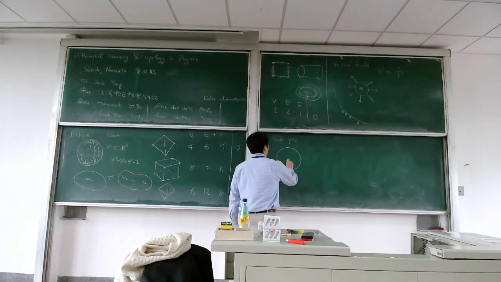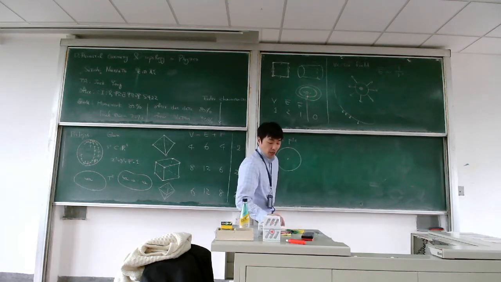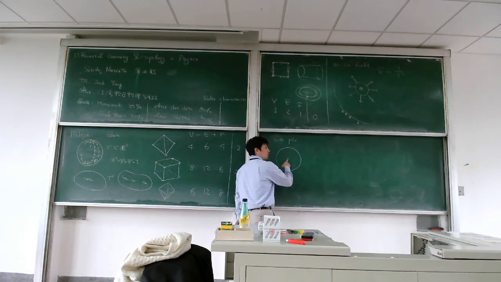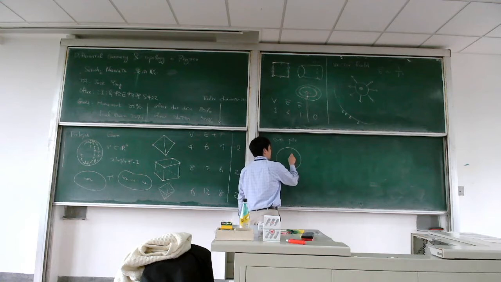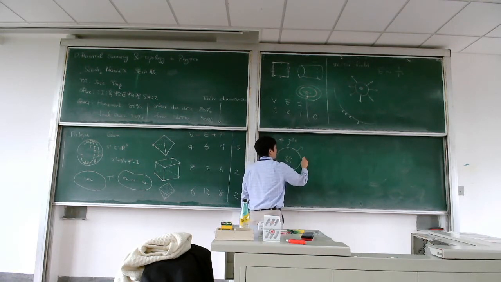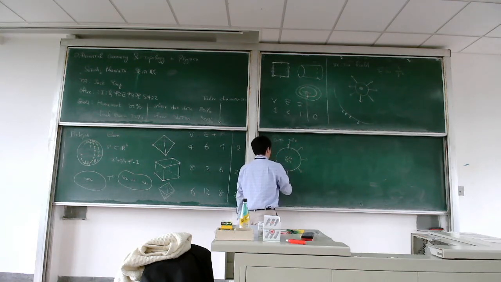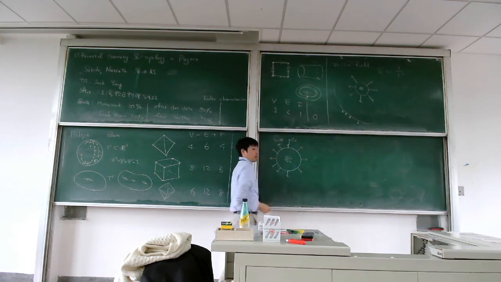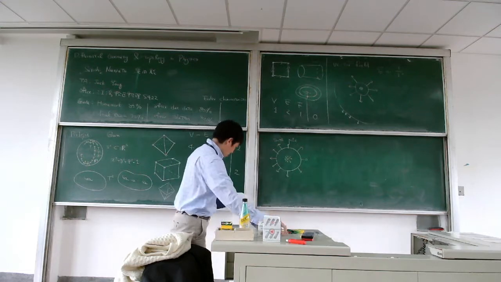There's a South Pole here, and the vector field starts with 0 here, and then it becomes like this. Around the circle, the vector field becomes like this way.